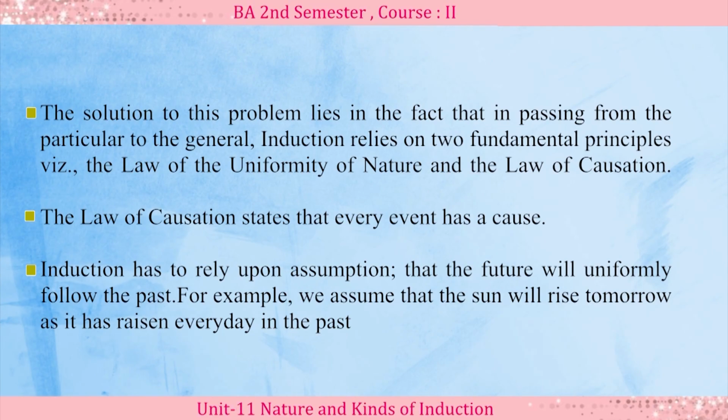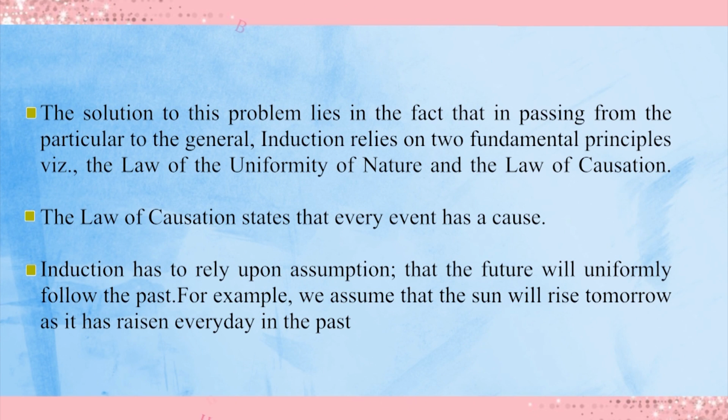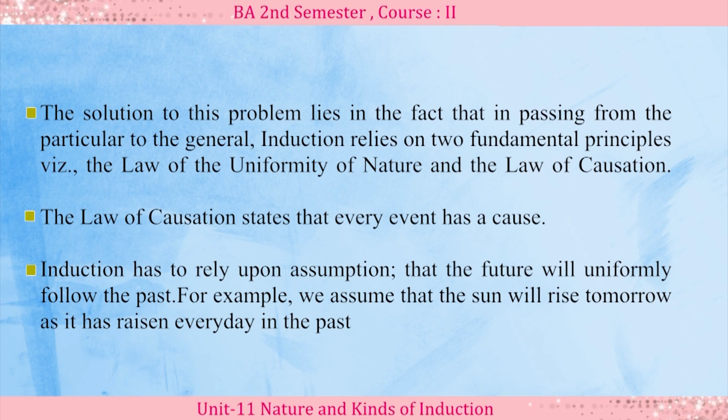So if we have observed, suppose, 100 instances behaving in the same way, then by applying the law of uniformity of nature we will be able to conclude that this particular instance, or in future also, under these circumstances, will behave in the similar way.